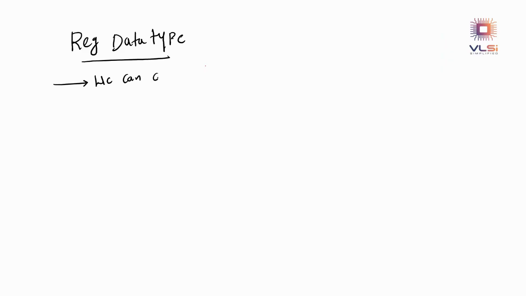We already saw the net data types, like wire, wand. By using a net data type, we can't store the value, we can just drive the value.